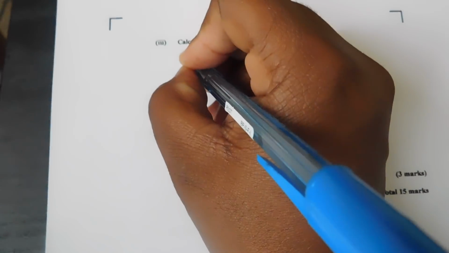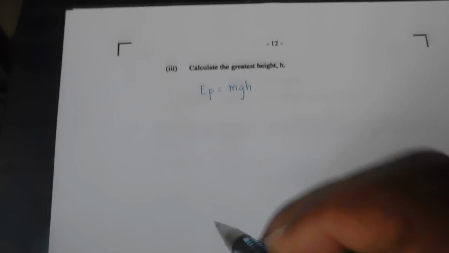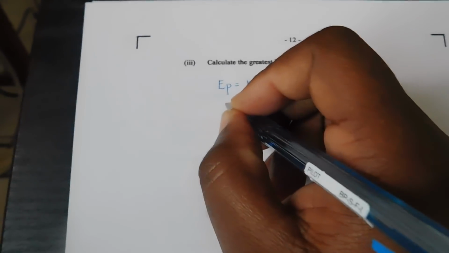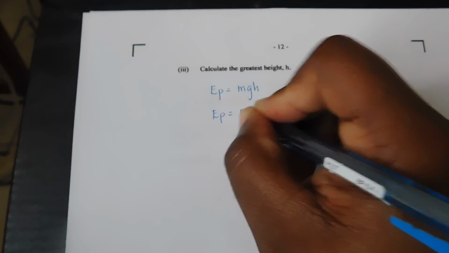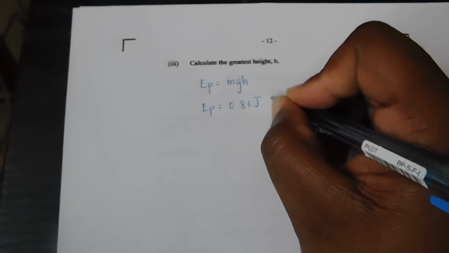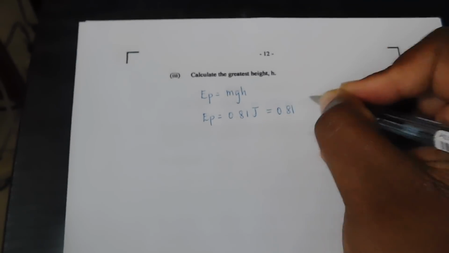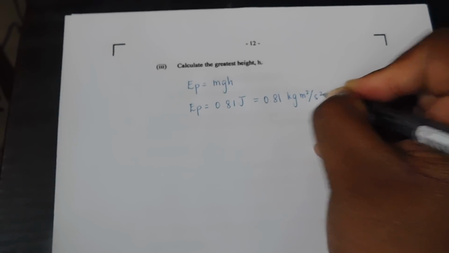Alright, so we're going to calculate the greatest height h, and we know that EP is equal to mgh, right? And we know that EP is also equal to 0.81 joules, which is also 0.81 kilogram meter squared per second squared.